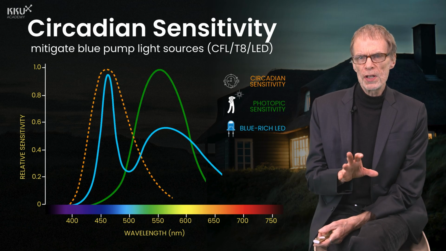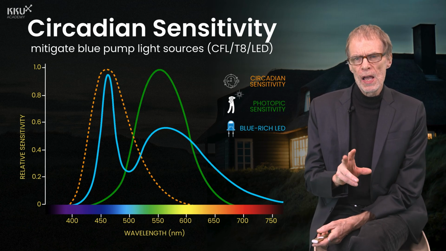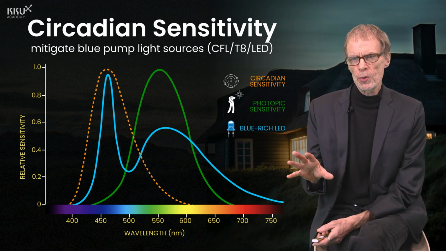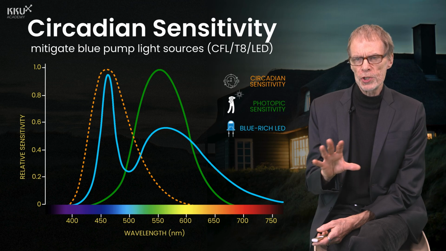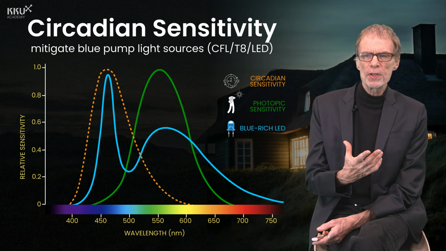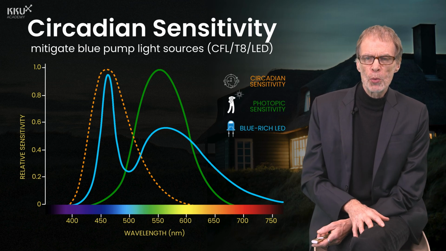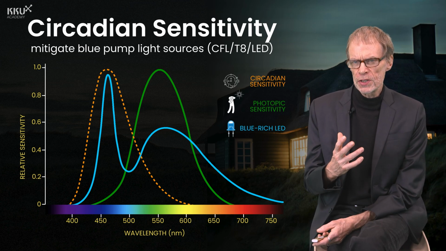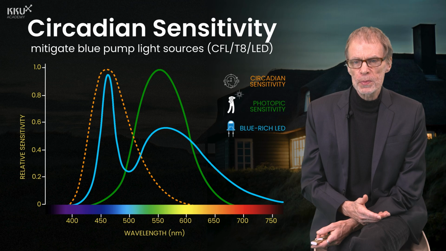The issue with this is that if you look at the color signature for a typical LED, there's a strong component in the blue spectrum and then a continuous spectrum that goes off into red, and this is the white portion. When we see this kind of blue band here, we interpret this as white light, but we're giving a very strong stimulus in the blue end of the spectrum.